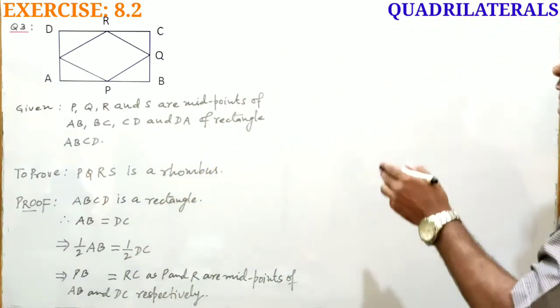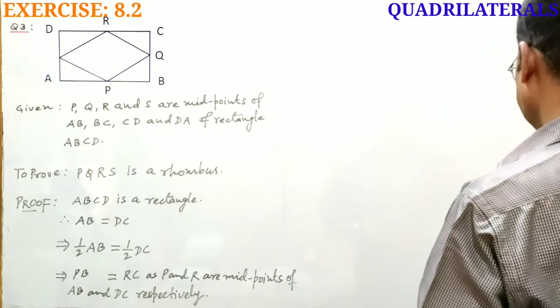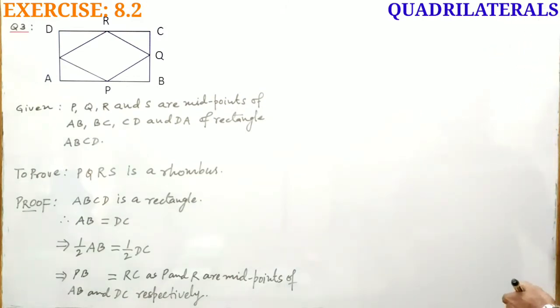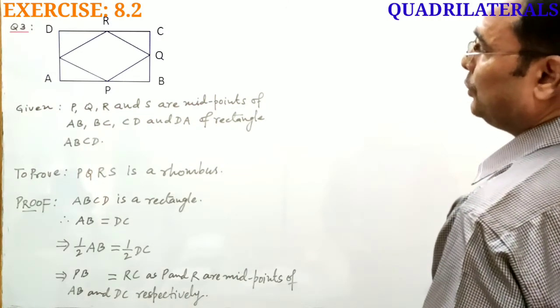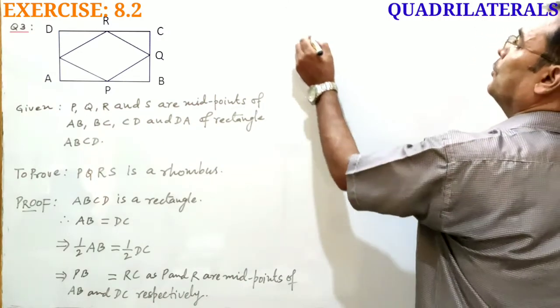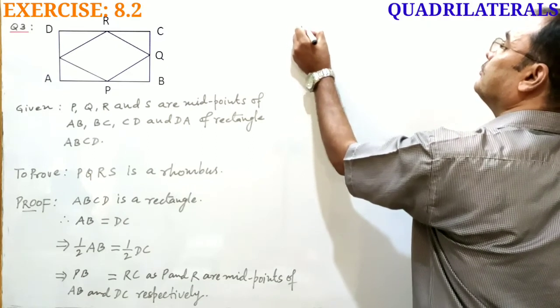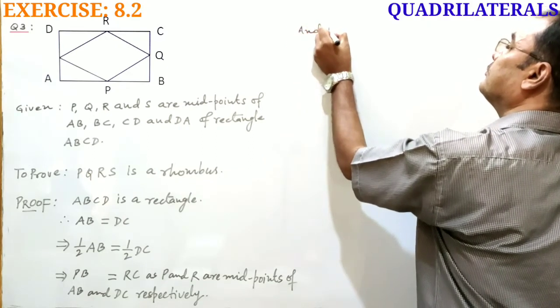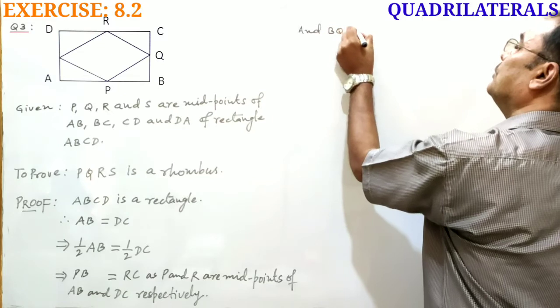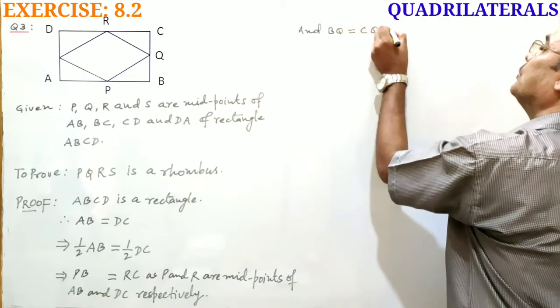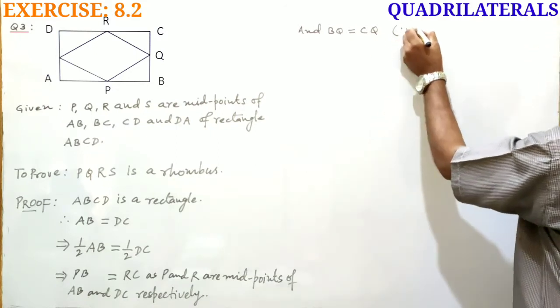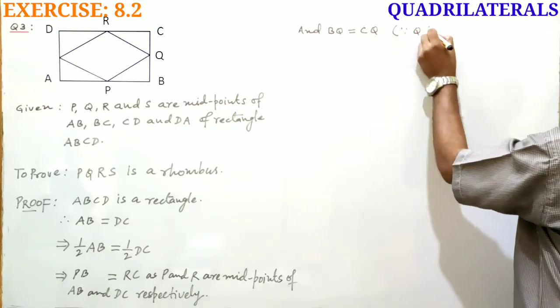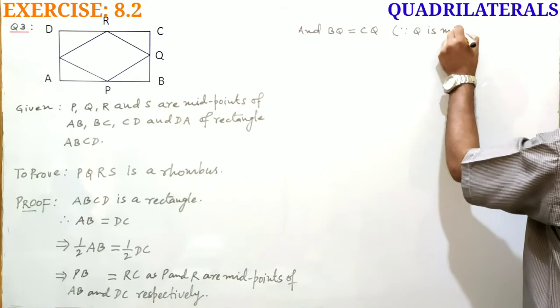So PB is equal to RC and BQ is equal to CQ, because Q is midpoint of BC.